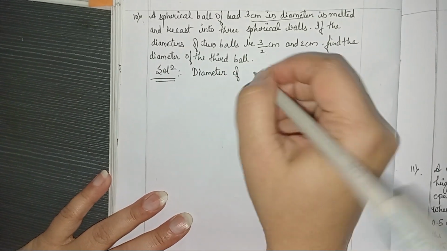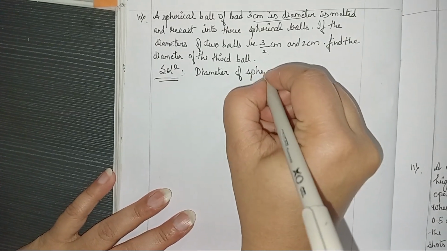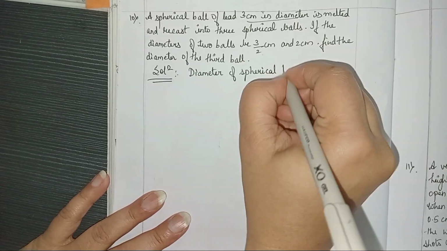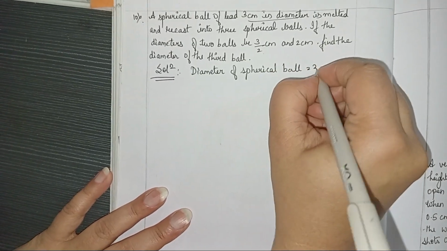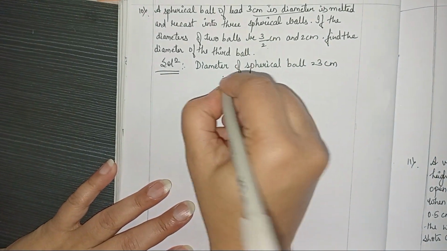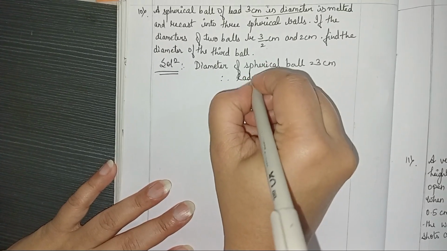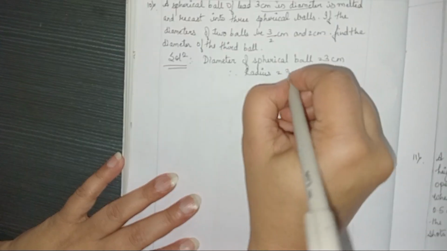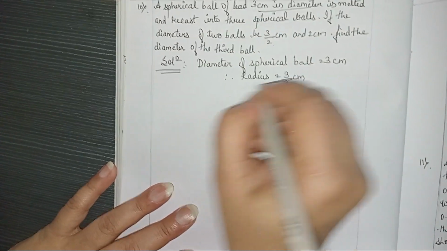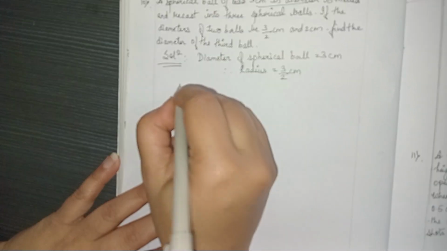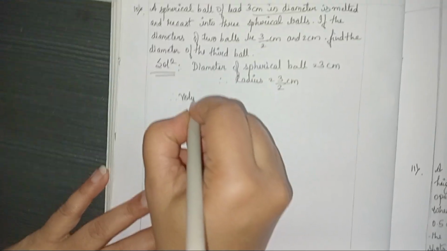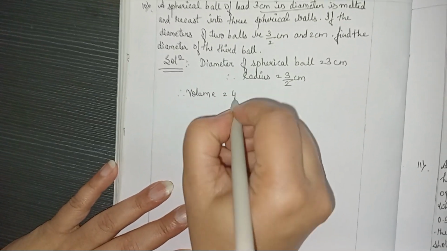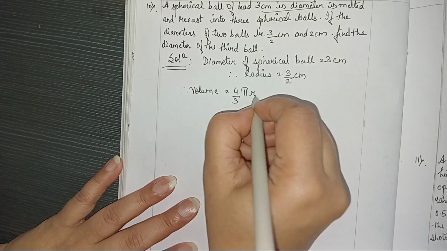Diameter of the spherical ball is equal to 3 centimeters. Therefore, radius is equal to 3/2 centimeters. Therefore, volume is equal to 4/3 pi r cube.